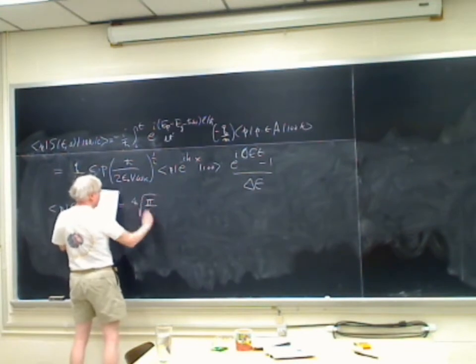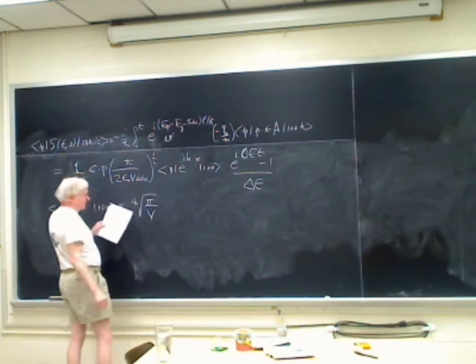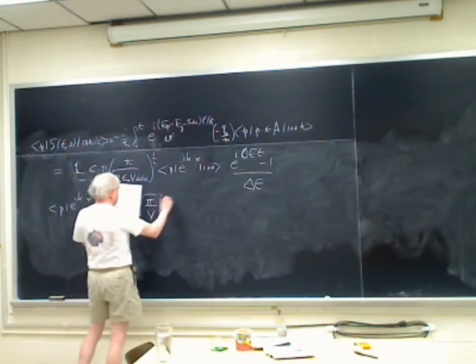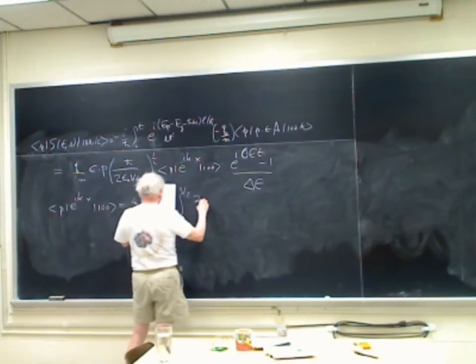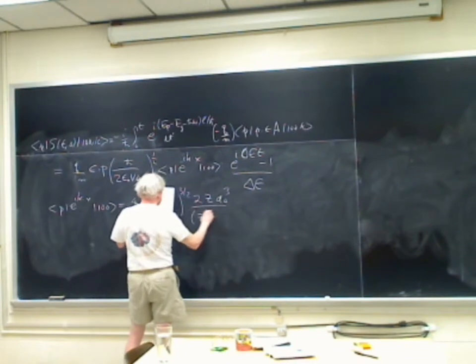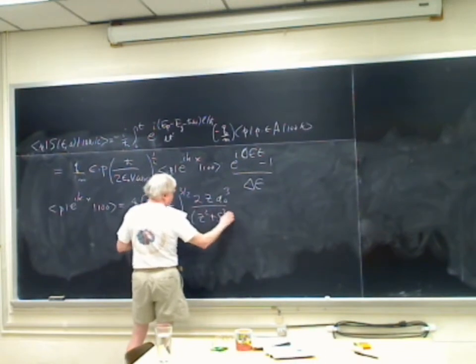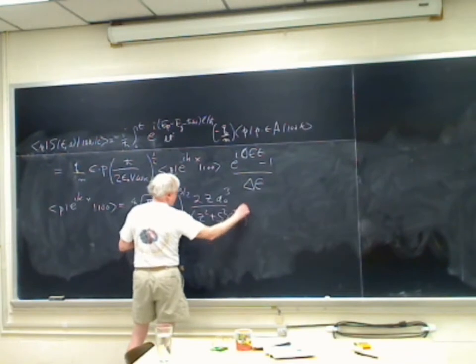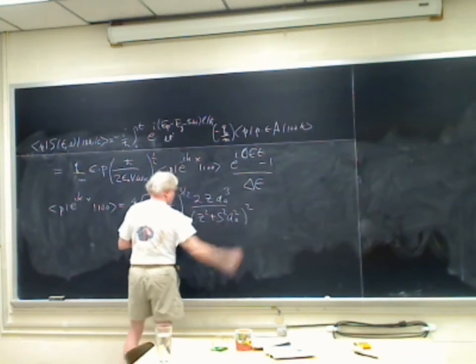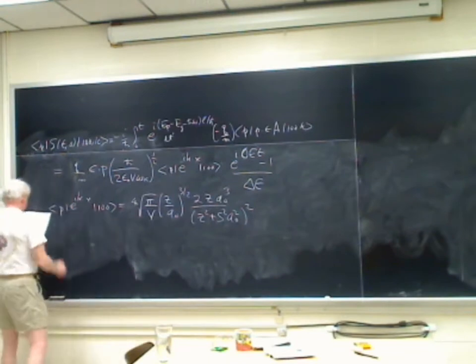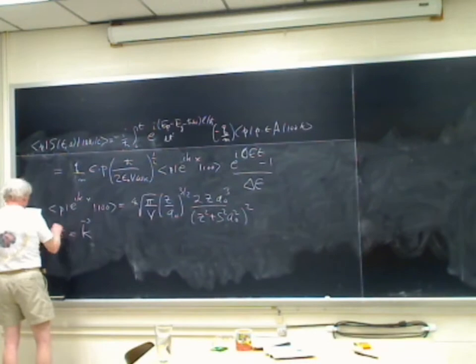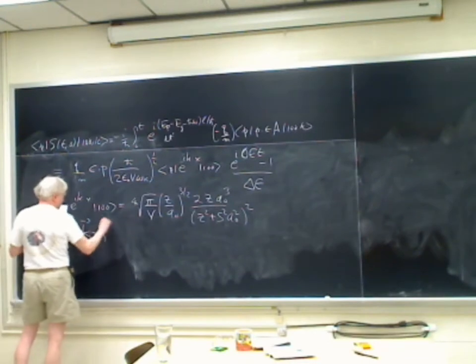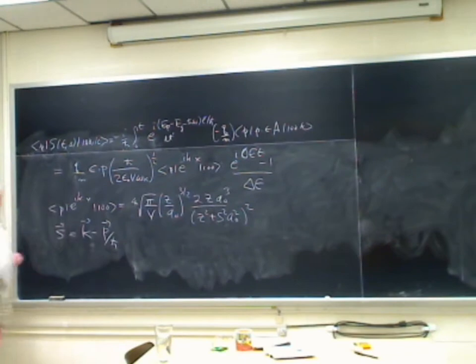So it's 4 square root of pi over V, (Z over a0) to the 3/2, 2 Z a0 cubed over (Z squared plus s squared a0 squared) squared, and s here I'm taking to be the initial photon wave vector minus the wave vector of the emitted electron.